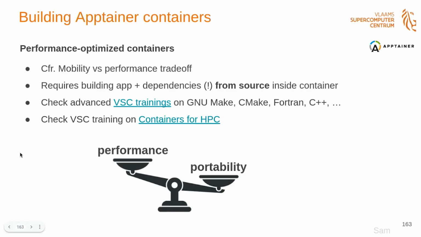Using EasyBuild or Spack is especially useful in this regard. Please also check the VSC trainings on how to use all these tools like make, CMake, and so on. There's also a special VSC training on containers for HPC. This is worth taking a look at.